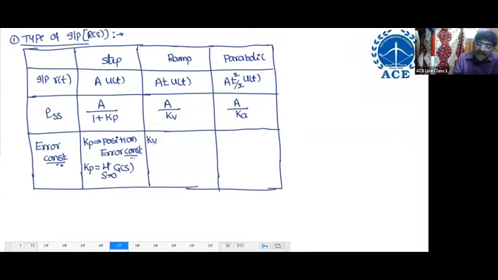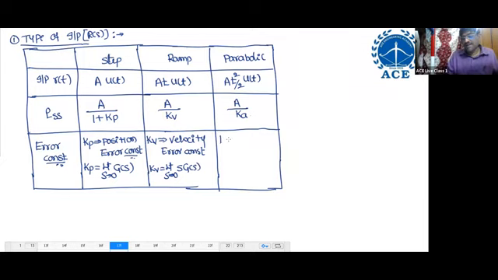Kv is called the velocity error constant. What is Kv? Limit s tends to 0, s into G of s.